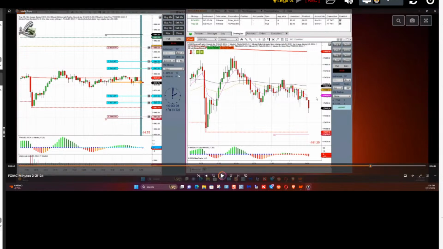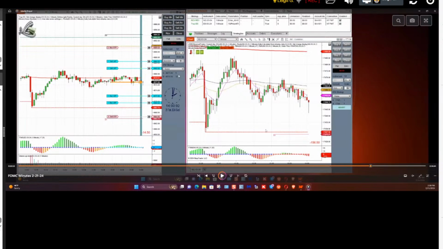The real question is, where would you have gotten filled? Because it does have a pretty significant pullback also. So it really depends on where you would have gotten filled. I would have had at least a 35 tick stop, and I think you would have survived with no problem. I think it would have been fine.